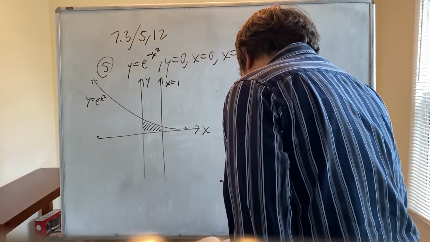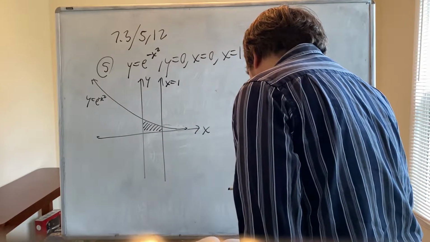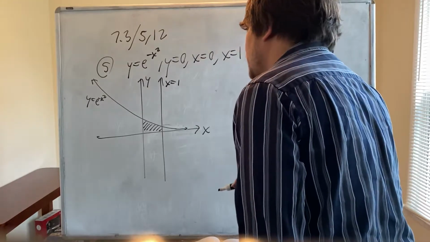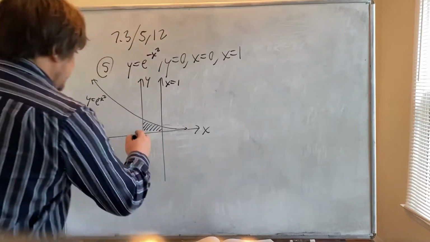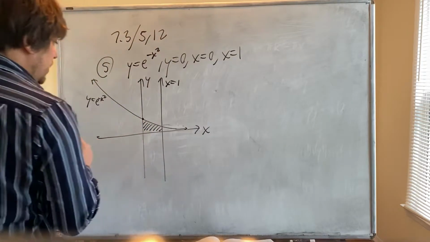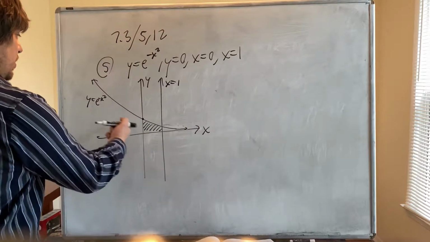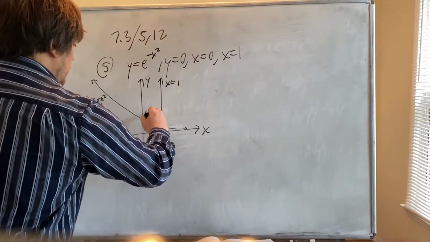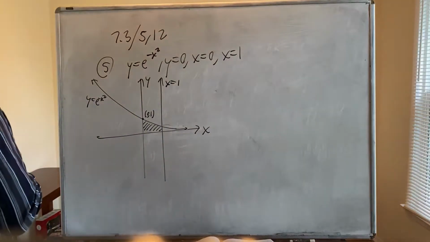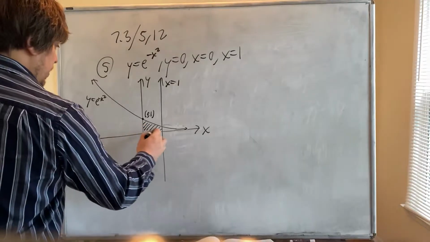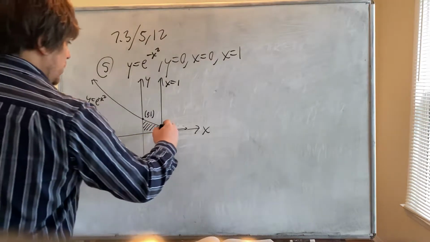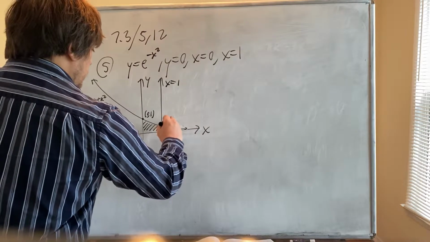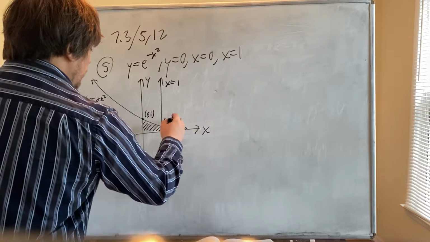So for number 5, you're going to rotate about the y-axis. Okay, so this is a blue problem. Okay, so then this point, when x is 0, you get y is 1. This point here, when x is 1, you get y is 1 over e.